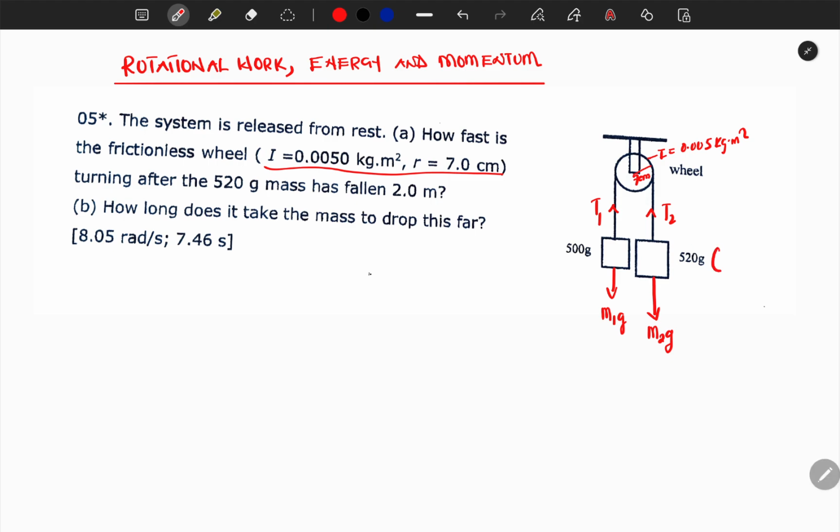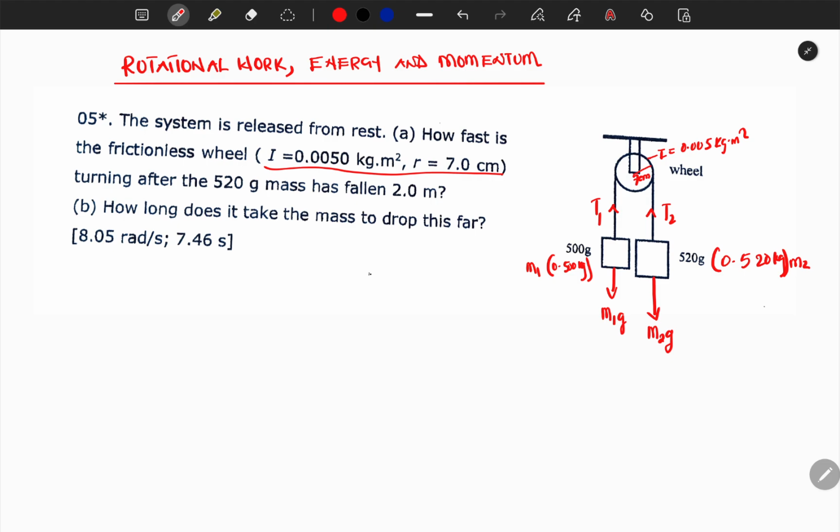We just need to convert this one into kilograms, so just divide by 1,000. Here we are getting 0.500 kilograms. So this is your mass 1 and this is your mass 2. We have the information clearly labeled.